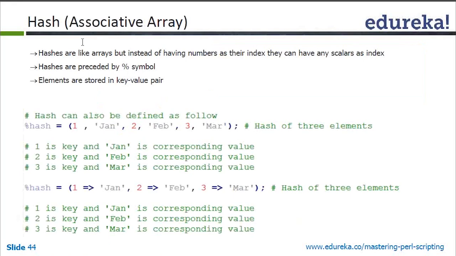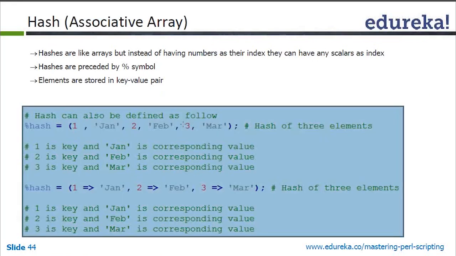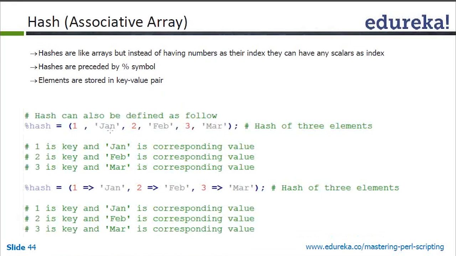So hashes. This is one very important concept in Perl, where it provides you a hash, which is an associative array. So what is a hash? Hash provides you key value pairs. Basically, when we saw an array, we had just the values. We'll have array 0, 1, 2, or $A, $B, $C, and the value as strings or integers, or a combination.